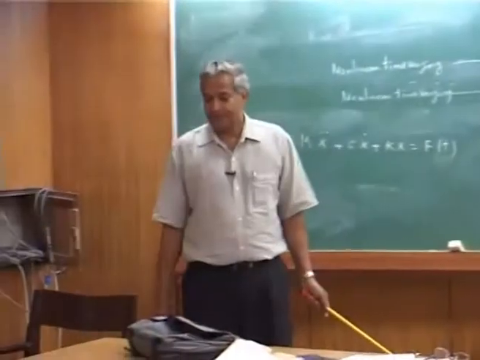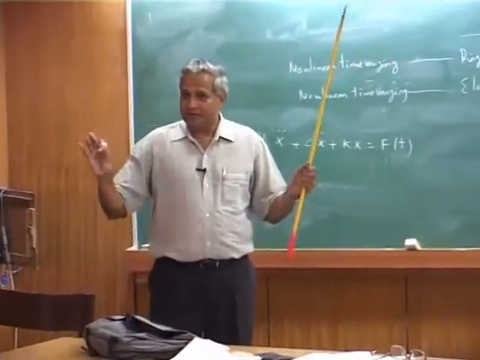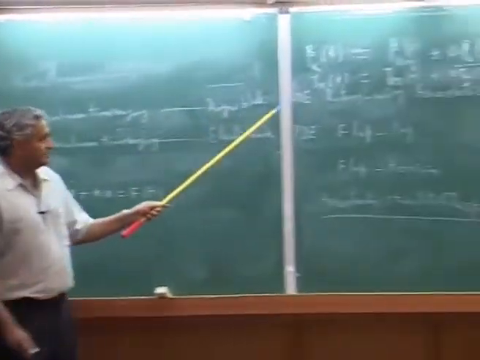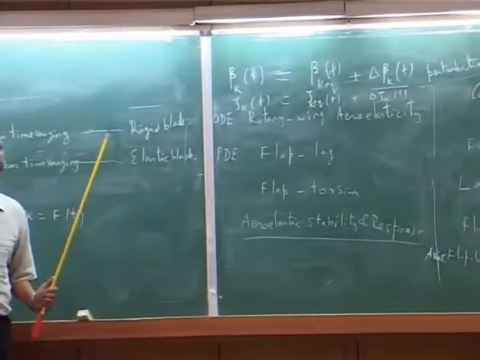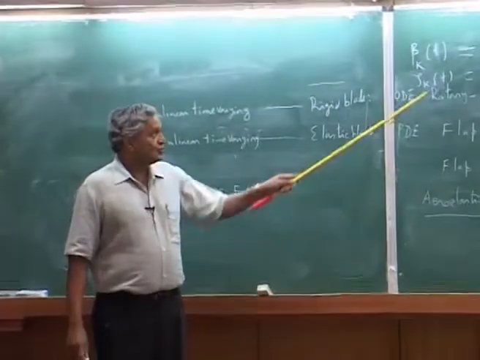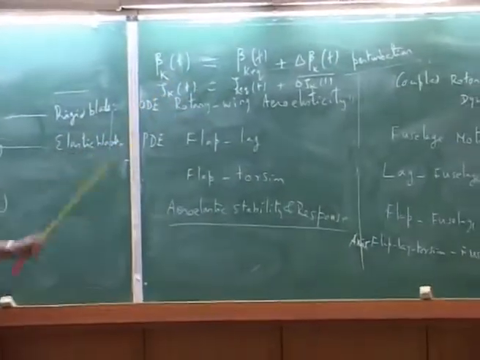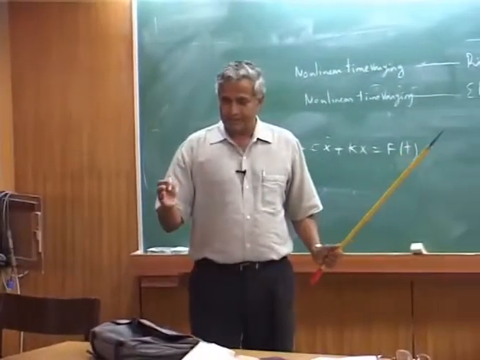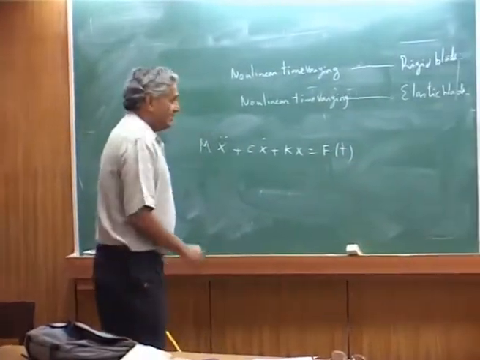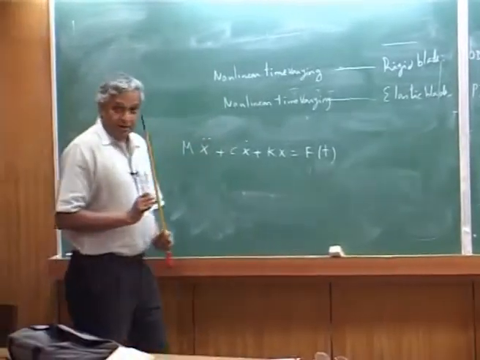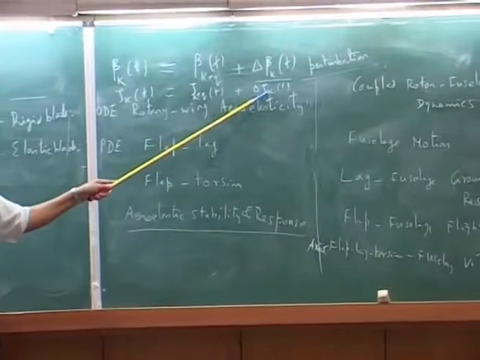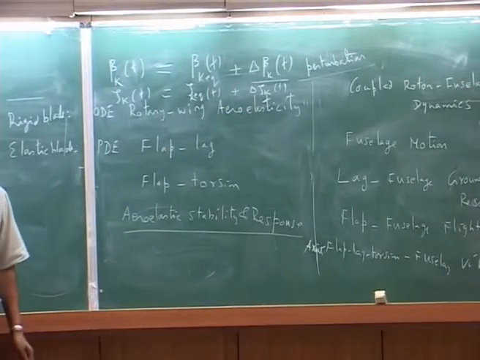So for an isolated blade, the index K has no meaning. Only one blade. Then what you do is you have your equation of motion, that is the nonlinear ODE. It is time varying. You substitute this in the equation, and the product of perturbations is neglected.